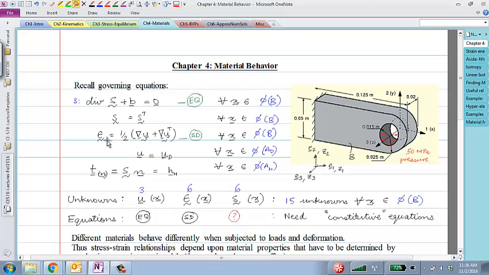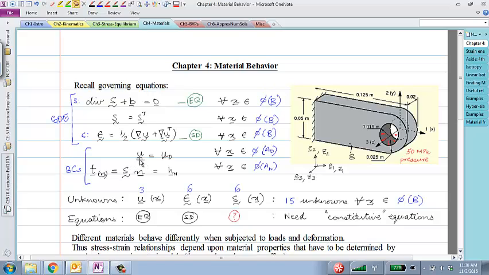That was equilibrium, and this is the strain displacement relationship. How many scalar field equations are in here? It's relating 6 strain quantities with 6 tensor quantities of the gradient of the displacement. So indeed there are 6 field equations here. And then we have some boundary conditions. I'll call these first two the governing differential equations, and these the boundary conditions.